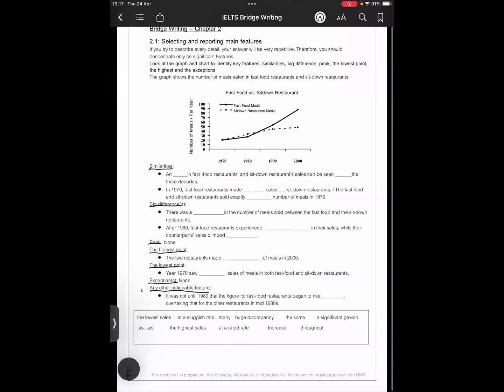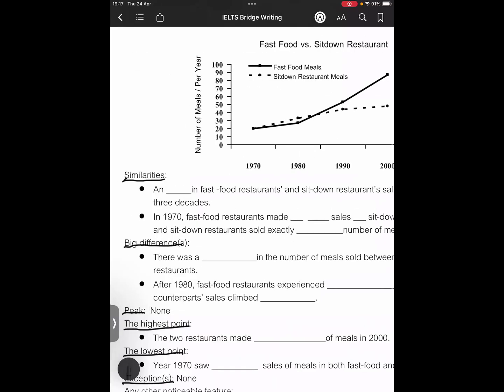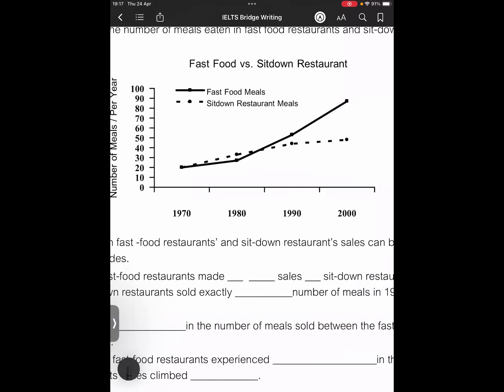The first thing you might want to be looking at is similarities. Can you find any similarities in these two variables, sales of fast food meals and sales of sit-down restaurant meals?